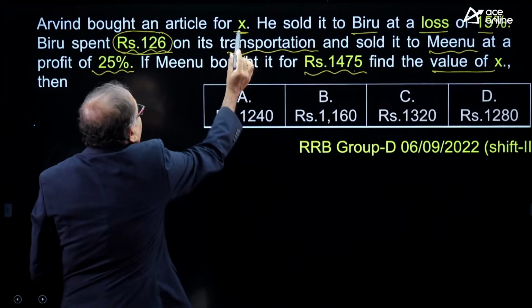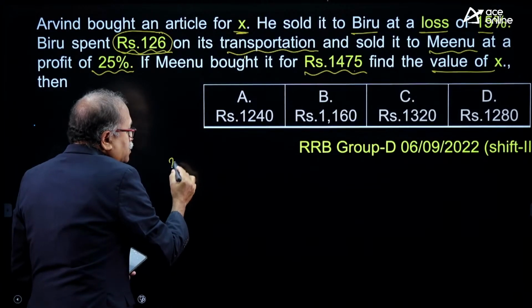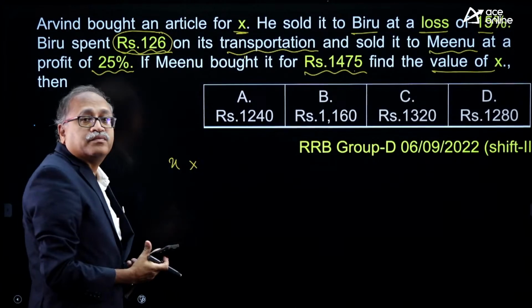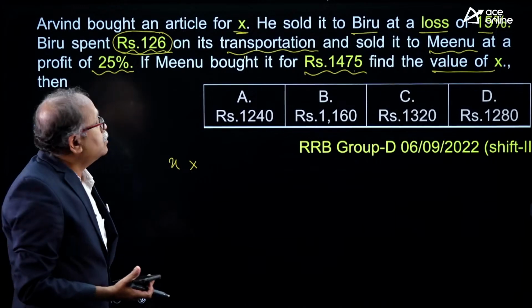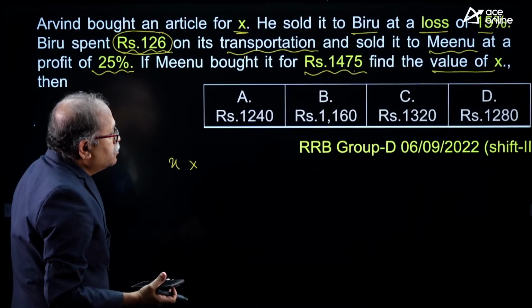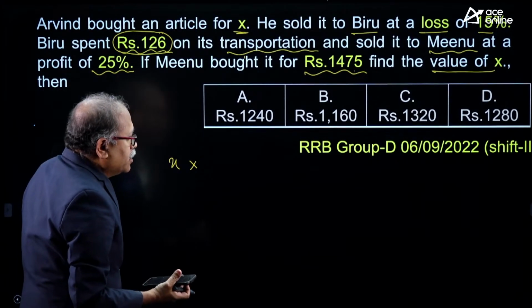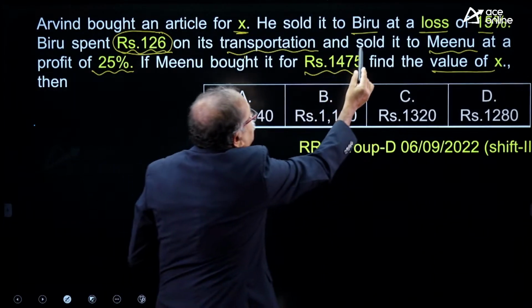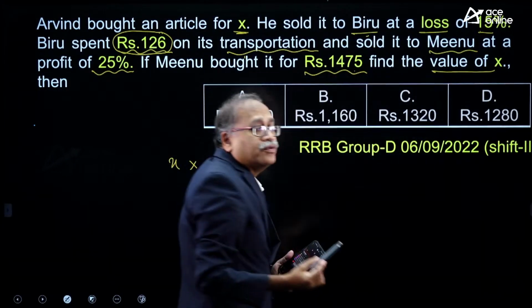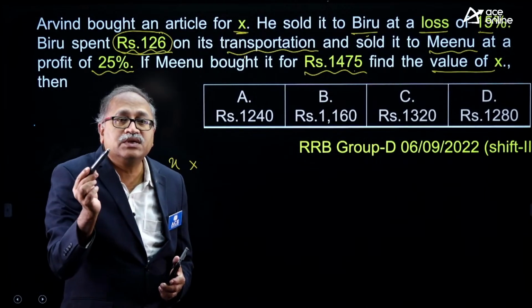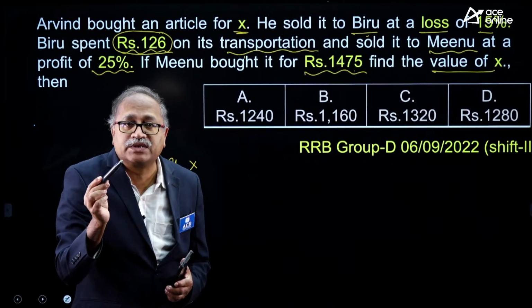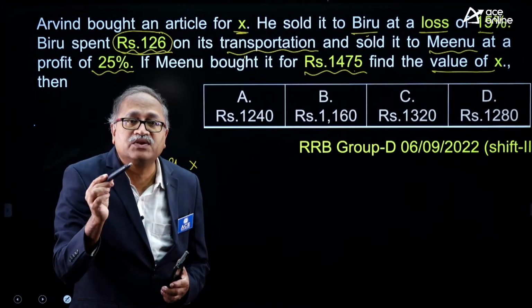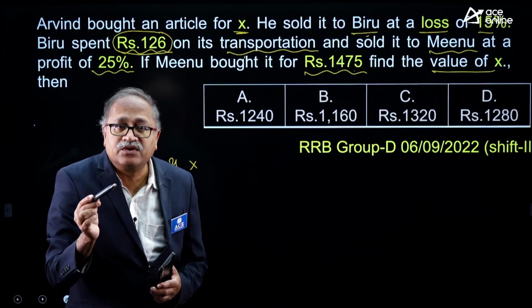So here the initial value is X. Take the X here. After that, he sells to Biru at a loss of 15%. That means he is selling it at 85%, and the 85% fraction is 17 by 20.